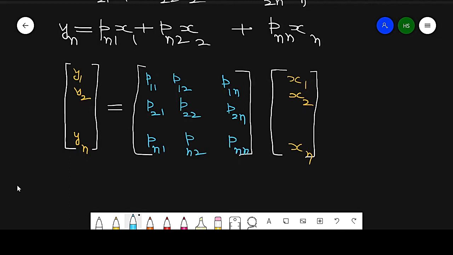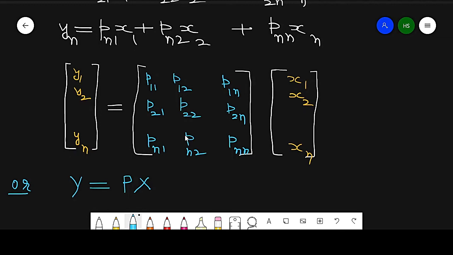So this is the Y matrix, this is the P matrix, this is the X matrix. So Y can be written in the form of PX, where P is this matrix.